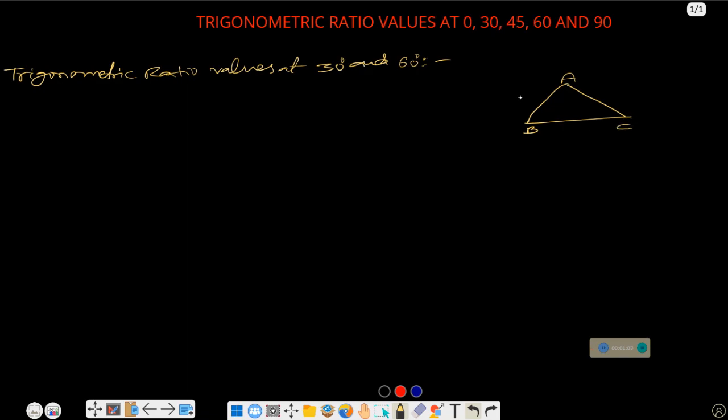Equilateral triangle means each angle is how much? 60 degrees. So each angle is 60 degrees in this equilateral triangle.